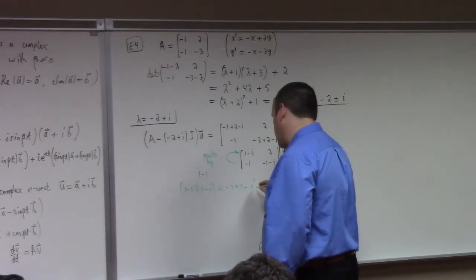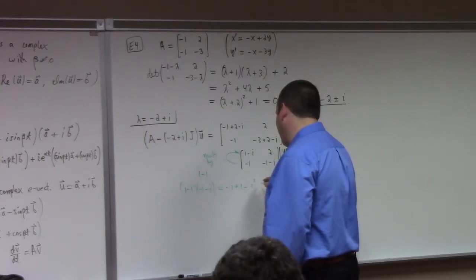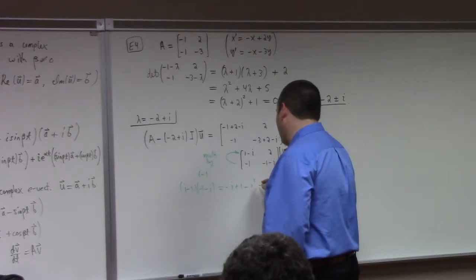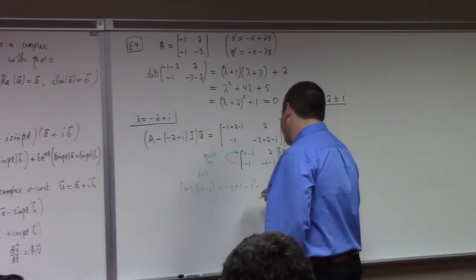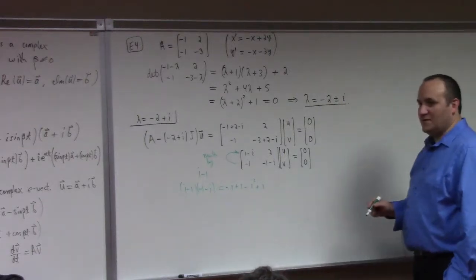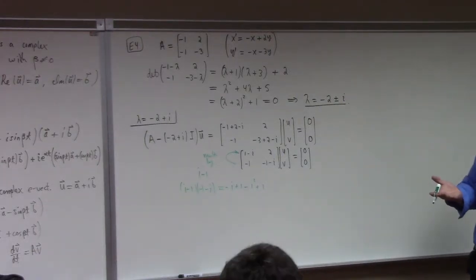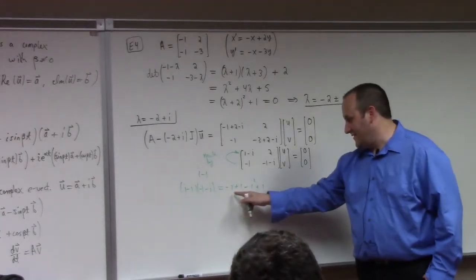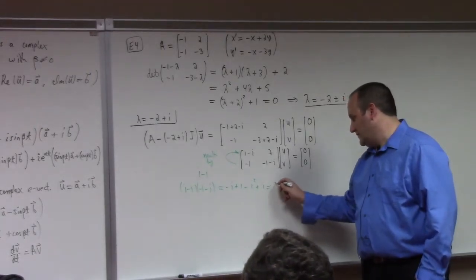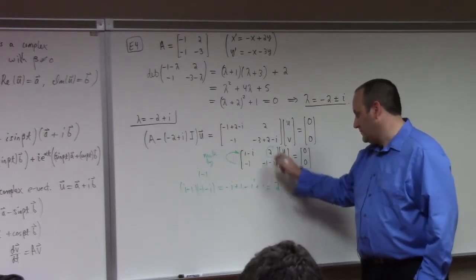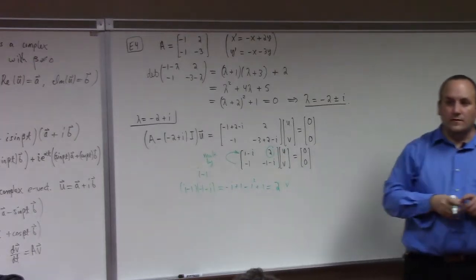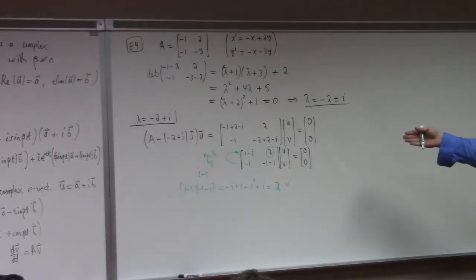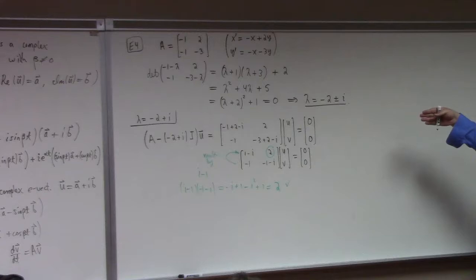I was getting 0 all of a sudden, but I forgot that minus i squared is actually also known as 1, right? So the i's cancel, 1 plus 1 is 2. Hooray. So what that shows you is if you take the bottom equation and multiply by i minus 1, you get the top equation, right? So they really are the same equation.